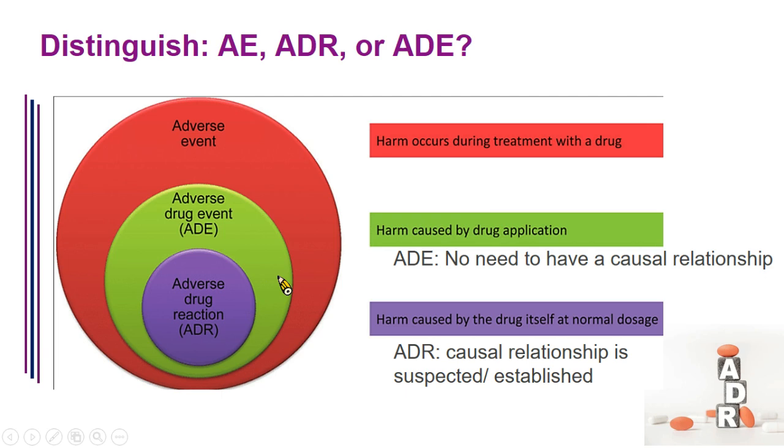But if we are using the word ADR, adverse drug reaction, that is more strongly expected to have a causal relationship established, and it also often refers to harm caused by the drug itself at its normal dosage or normal use. So at least there are no human errors happening during the ADR observations.